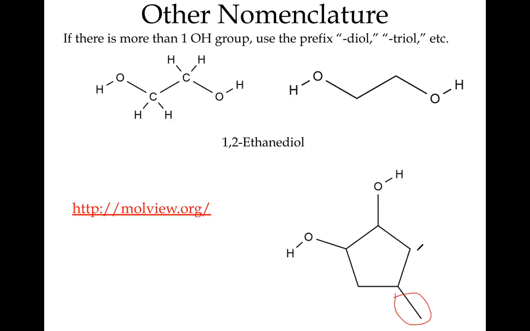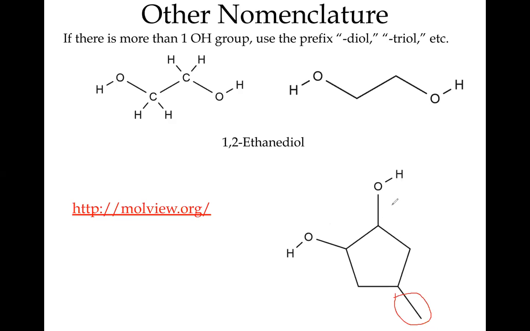We have 1, 2, 3, 4, 5. That's a 5-carbon ring, so that would be cyclopentane. And it has 2 hydroxyl groups, so it's cyclopentane diol for 2 of them.